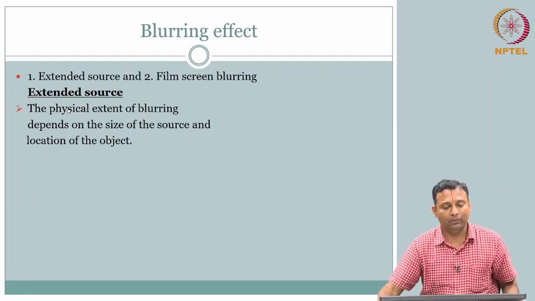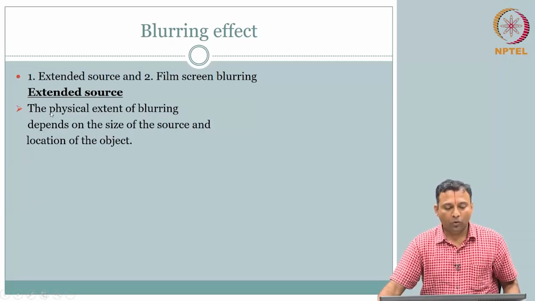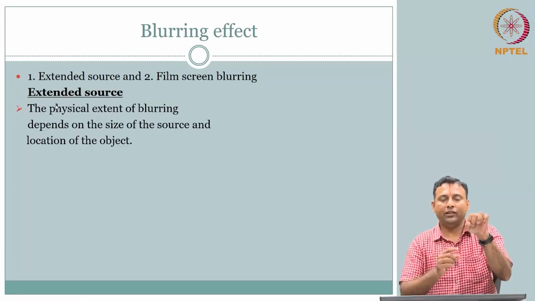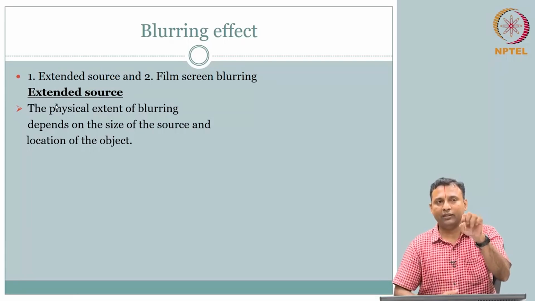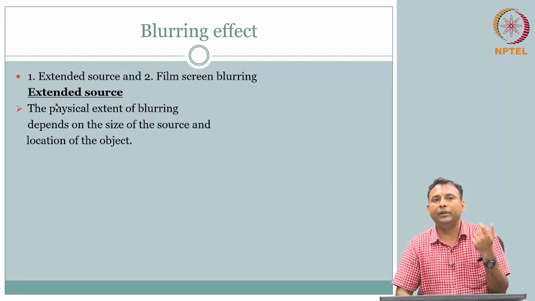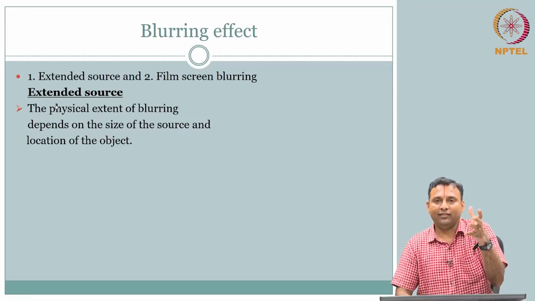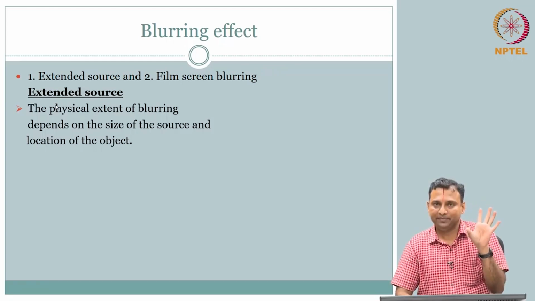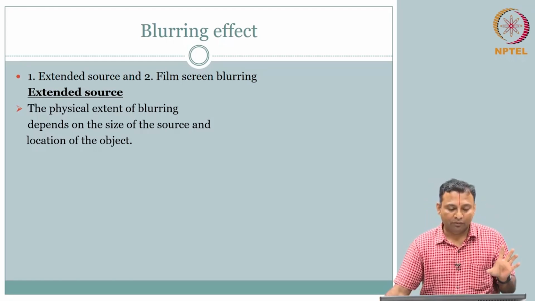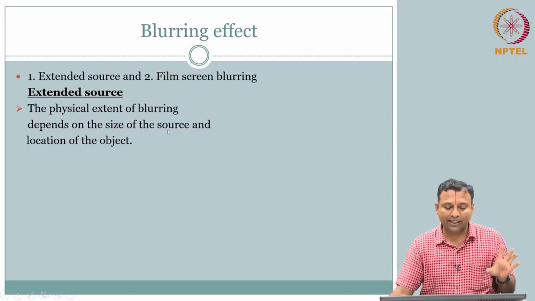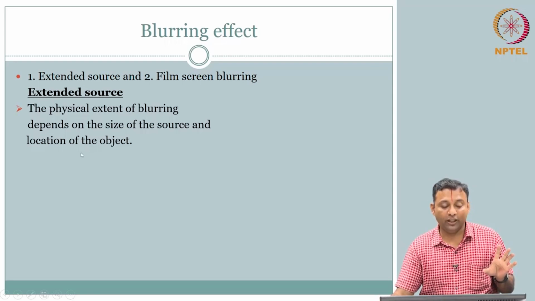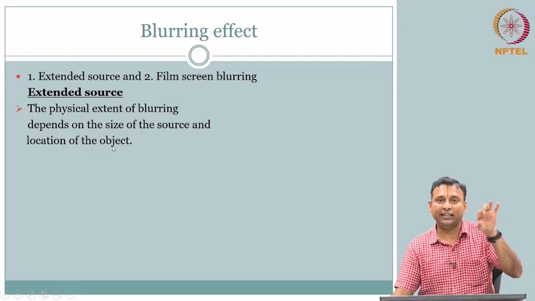So now we need to account for what if that is not a point. Just think about it: if it is not a point, what else can it be? It can be a line, it can be an area. So instead of a point, it can have some geometry. The physical extent of blurring depends on the size of the source and the location of the object. So this is the size of the source.